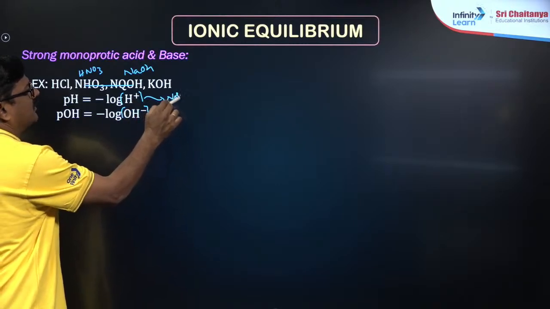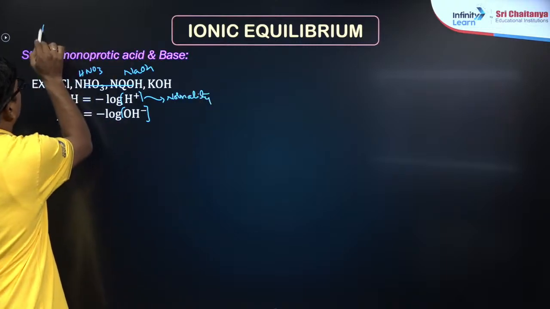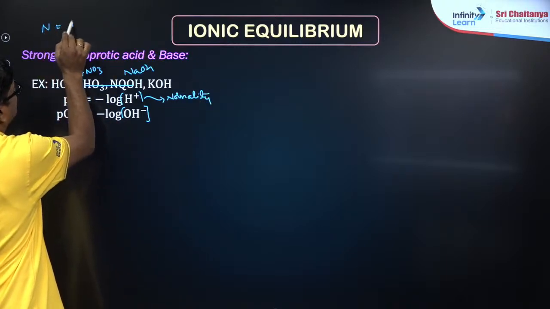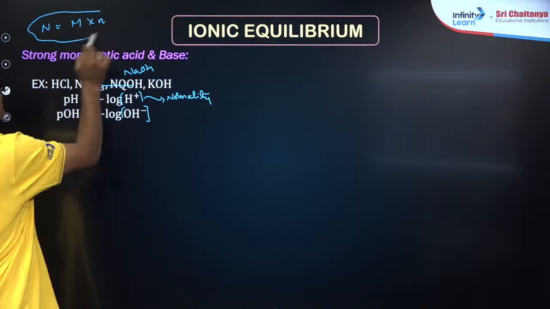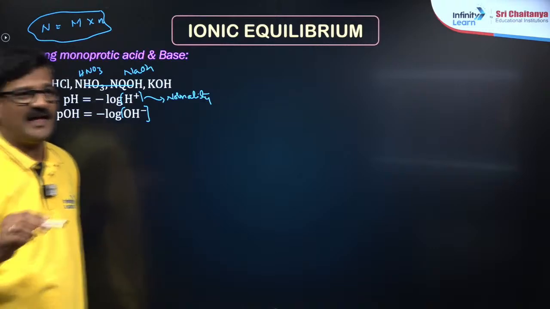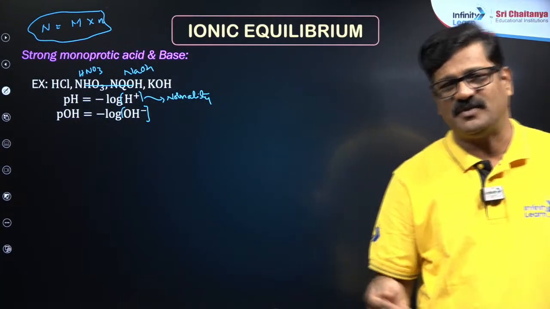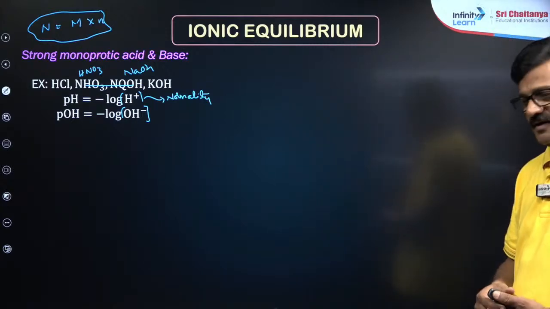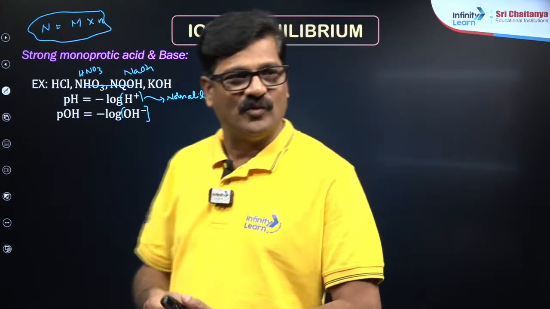How do you calculate normality? Normality can be calculated by multiplying the molarity by the n factor. What is the n factor? For an acid, it is the number of H plus ions given by one molecule, and for a base, it is the number of OH minus ions given by one molecule.